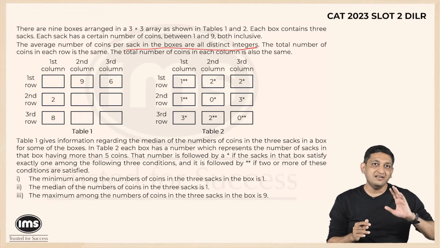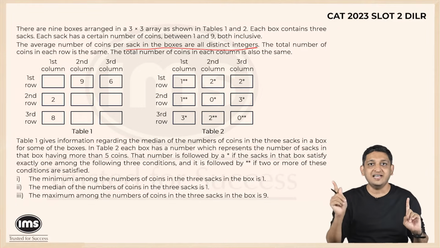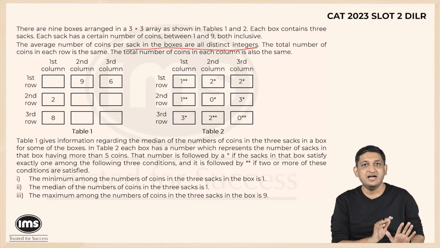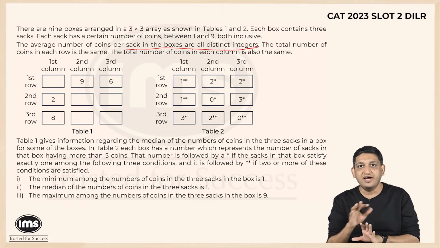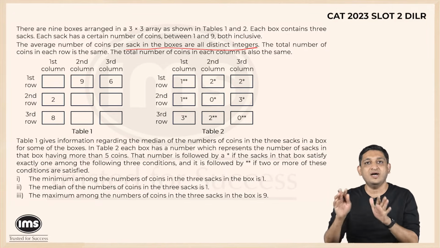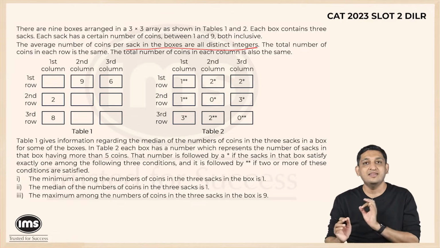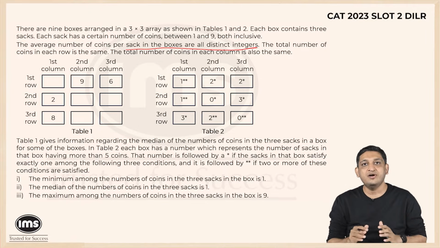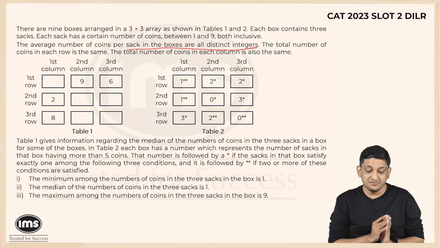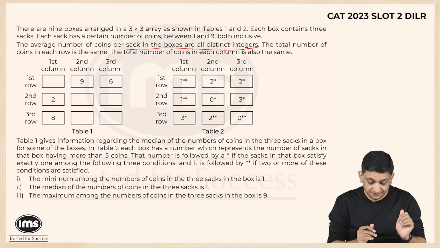The average can oscillate between 1 and 9. And they are all distinct averages, meaning that one box will have average 1, one box will have average 2, one box will have average 3, and so on till there is one box which has an average of 9, which means that all 3 sacks will have 9 coins each. So that is basically what is being told to us.